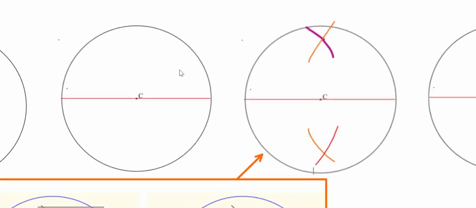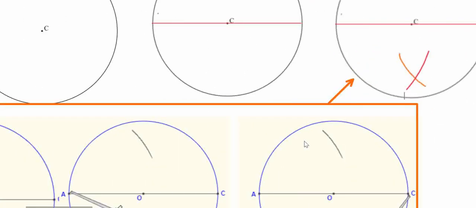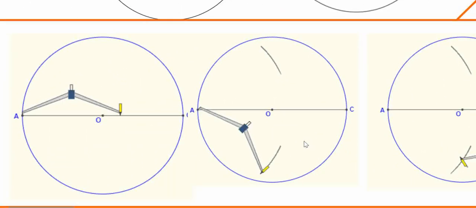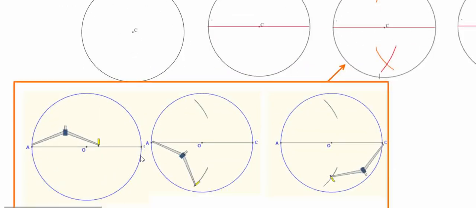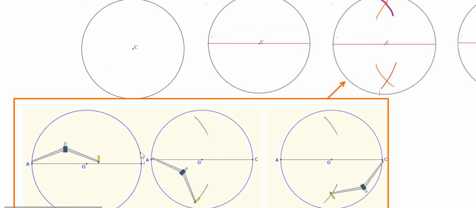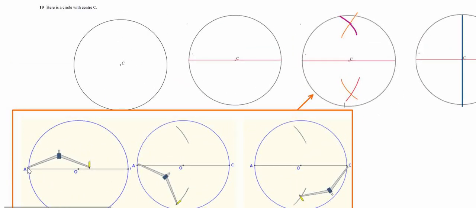And after that, we want to make another line that is perpendicular to this. So we make the perpendicular bisector by doing this. From here, we take a compass and put one end, the needle, on point A, and stretch the other end, the pencil, past the center, and then we move up to make these two marks up and down.